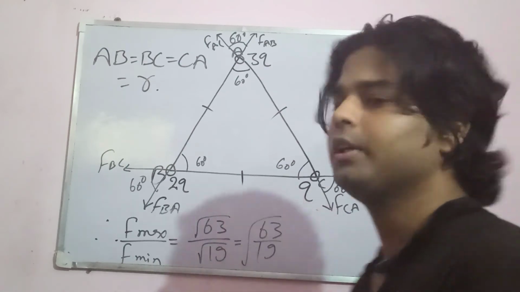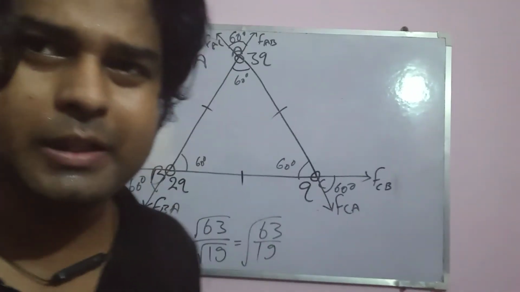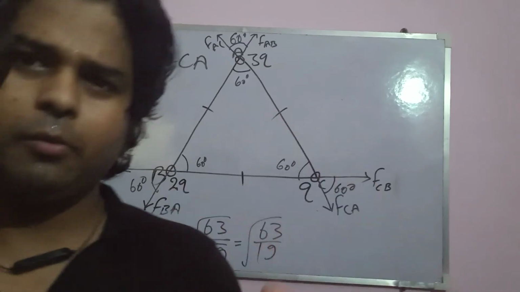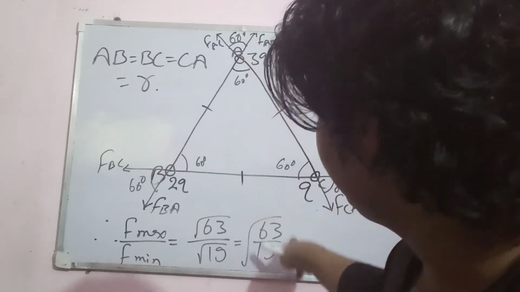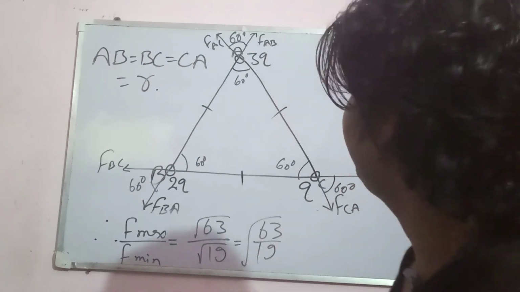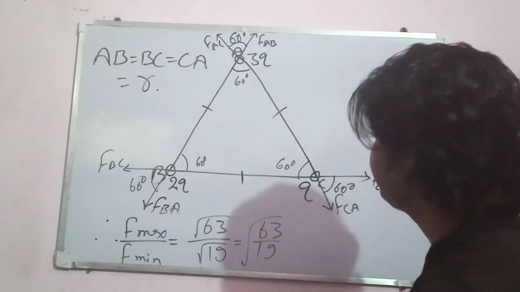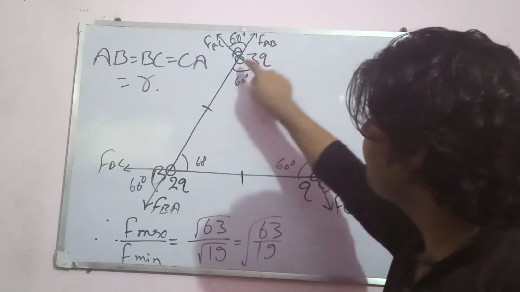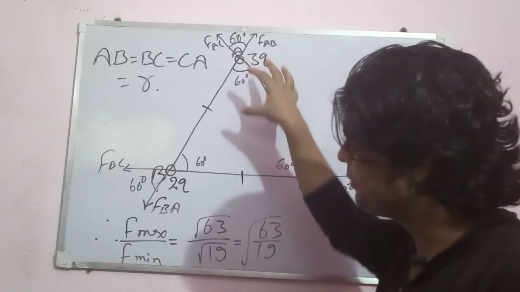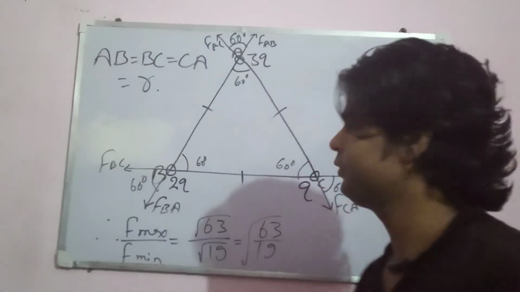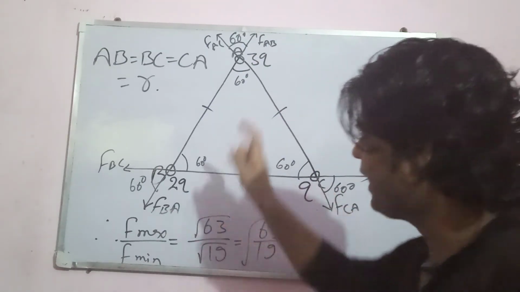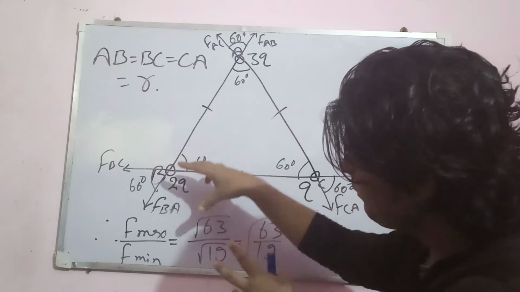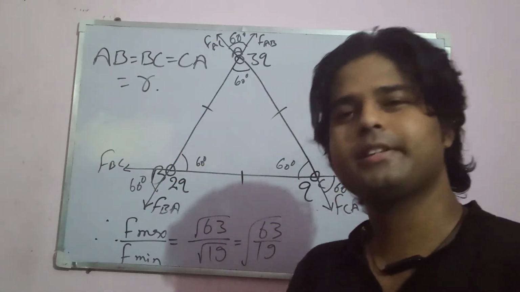So this problem has been completed. Within this question, I got the final answer, that is root under 63 by 19. What we have noticed in the question is that the max charge is here, so it experiences max force. The minimum charge is here, so it experiences minimum force, and the intermediate charge is here, and it experiences intermediate force.